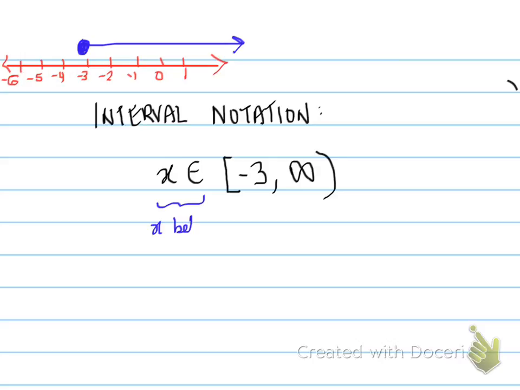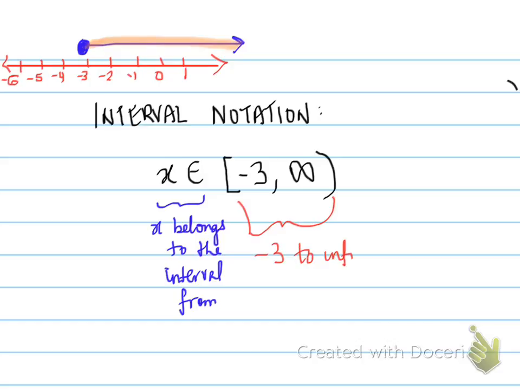And this means the domain, so x belongs to the interval from -3 all the way up to infinity, including the -3. Don't forget, we're including that -3. Keep in mind that when there's a square bracket, it means a closed circle, a closed dot, a hard start or a hard end.